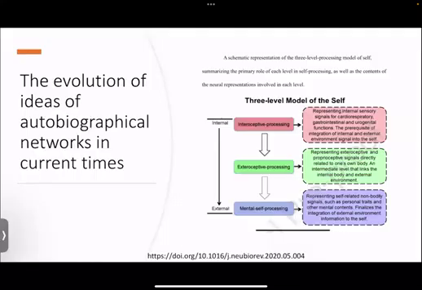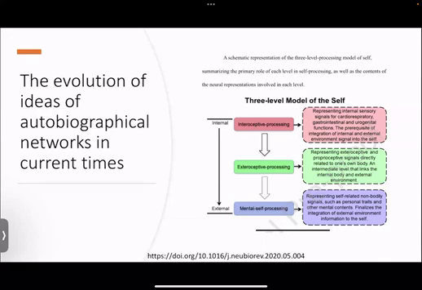Currently, it is a three-level model of self, which goes from internal to external. First is interoceptive processing, which represents internal sensory signals of cardiorespiratory, gastrointestinal, and urogenital function.